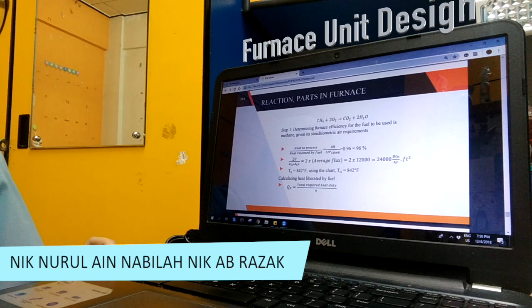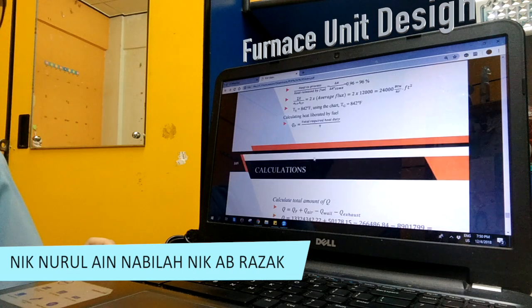The efficiency after we calculate, we get 96%. And then the temperature of the stack, after we calculate using the graph, we got 842 Fahrenheit, and using the chart to get the temperature of the gas, which is 842 Fahrenheit.